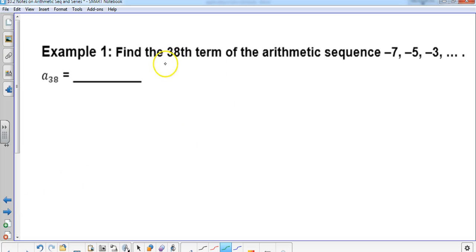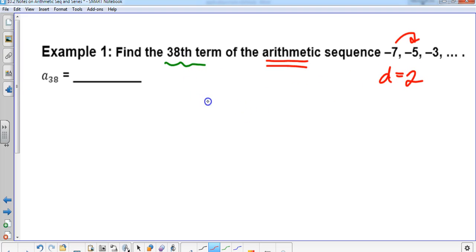All right, this just says find the 38th term. Do you remember how to do this? You do need to know that it's arithmetic because really 3 terms is not enough to figure out a sequence, but they've told us it's arithmetic. So they could have given us 2 terms because we know immediately what the difference is. The difference is positive 2. It's adding 2 every time.